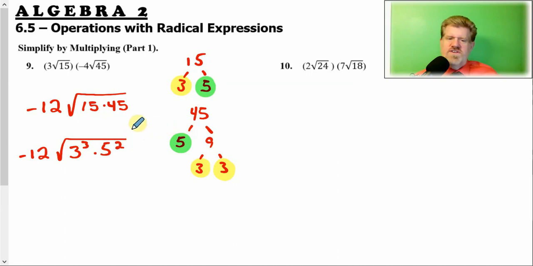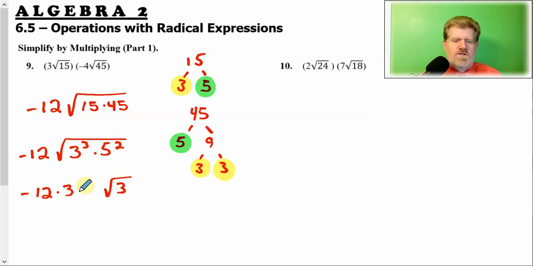Now, if you think of other ways to do it, that's fine too. If you thought of it, oh, like it's 25 and 9, and those are square numbers, that's great. That works. This is just an alternative. All right, what's the square root of 3 cubed? Well, remember, that's a square root. So 2 goes into 3 once, but that leaves us a 3 underneath. 1 has to stay. 5 squared.